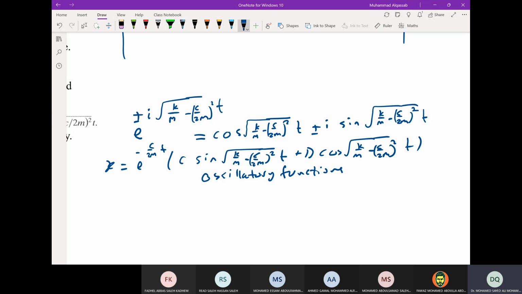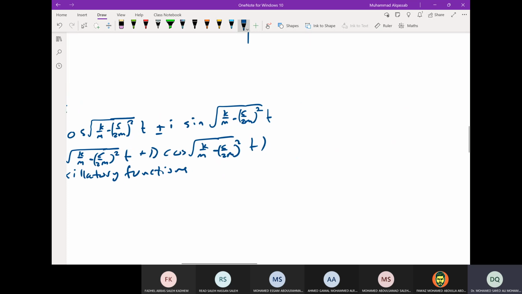This case occurs when the value of C is relatively small, and it is called underdamped, which allows oscillations, as was the case for undamped, but the amplitude will be decaying because of the exponentially decaying function multiplied by the two terms.